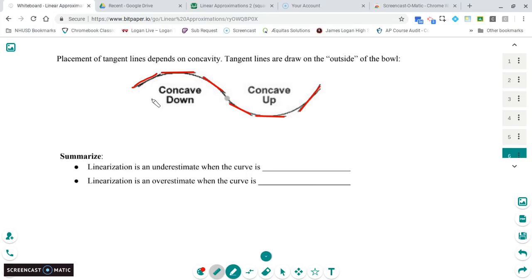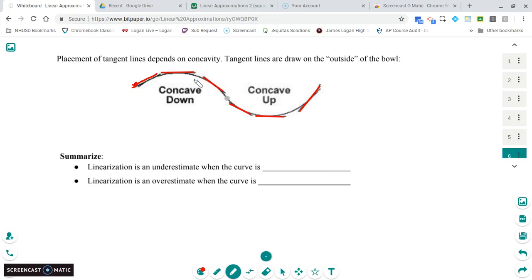So the interesting thing is this. It tells us about whether our error is an over or an underestimate. Because if the tangent line lies above the curve, then the value that we're approximating will also be above the curve. It'll be more than the y value of the curve.